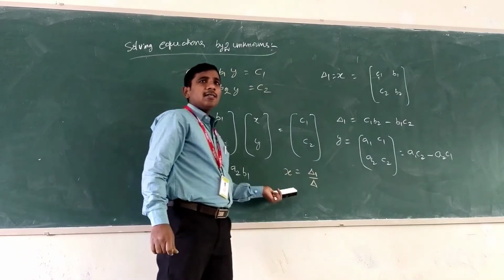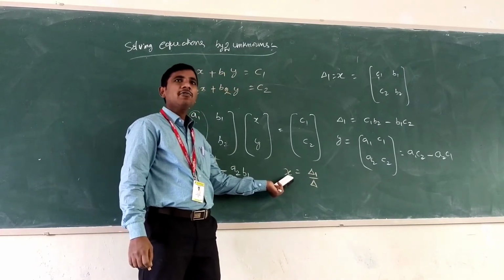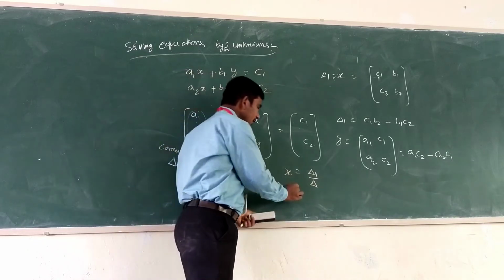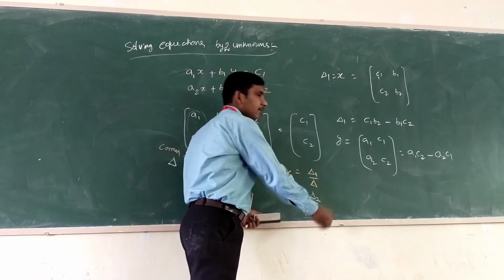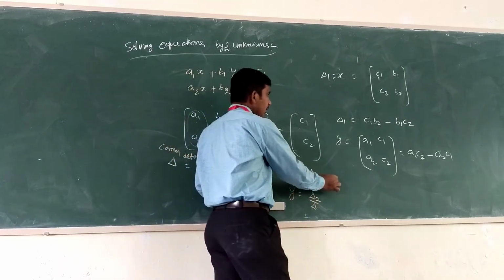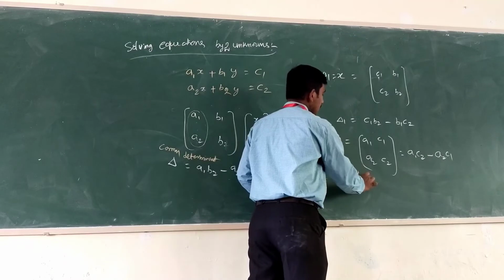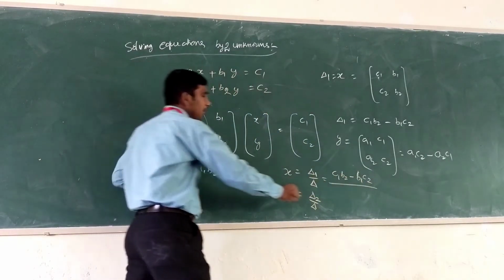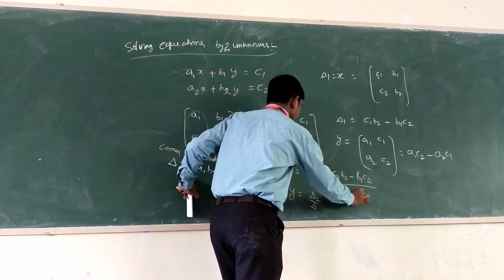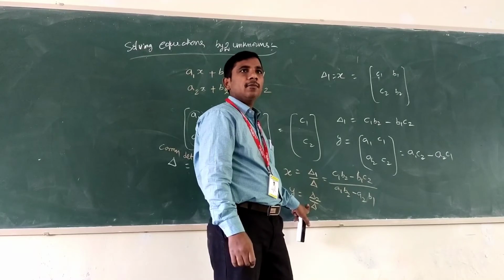Okay. It is a simple method: to find the unknown x, delta 1 by delta; to find y, delta 2 by delta. Then we can substitute: delta 1 is C1 B2 minus B1 C2 divided by delta. Similarly, we can calculate y.